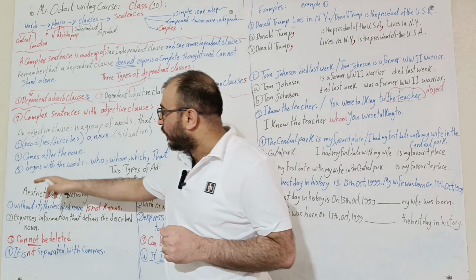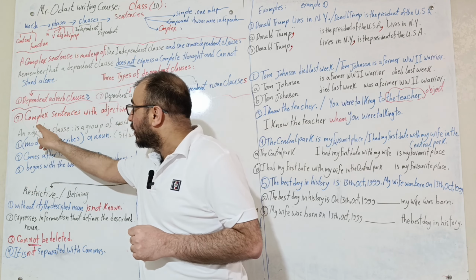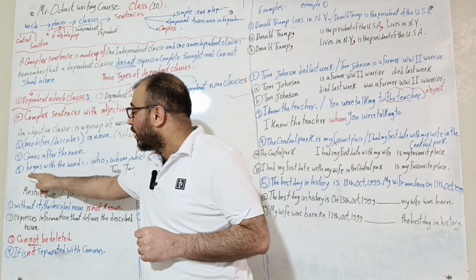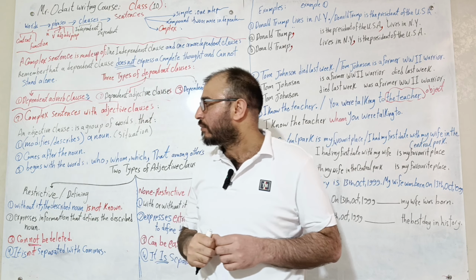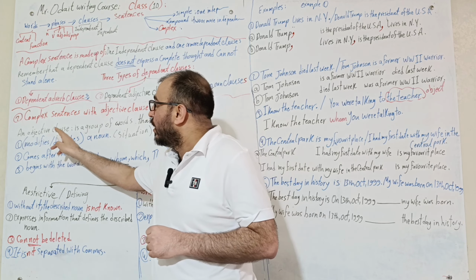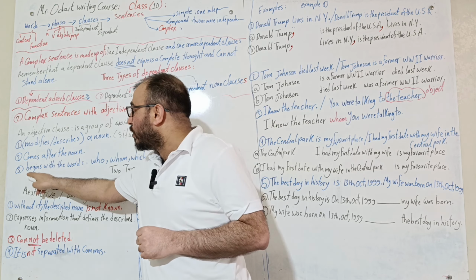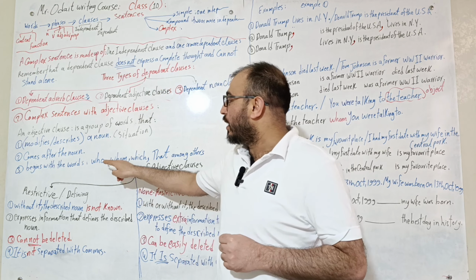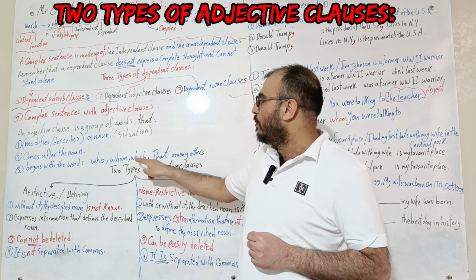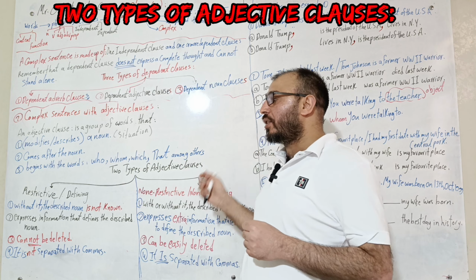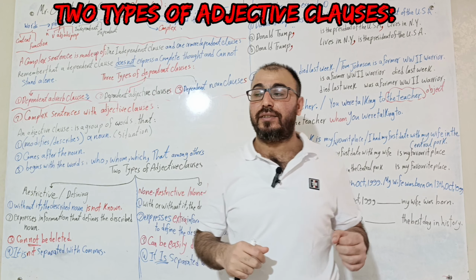The third property, my friends, is that it is a dependent clause, and the fourth feature is that an adjective clause begins with words like who, whom, which, that, among others we are going to discuss later.